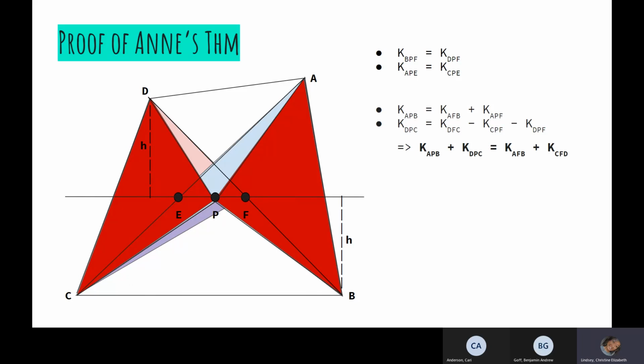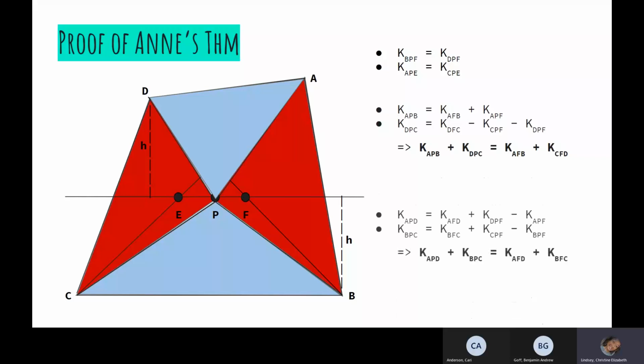Ultimately, that gives us the area of APB plus the area of DPC is going to equal the area of AFB plus the area of CFD. Next, we'll see that the area of APD is equal to the area of AFD plus the area of DPF minus the area of APF, as well as individually, area of BPC will equal the area of BFC plus the area of CPF minus the area of BPF.